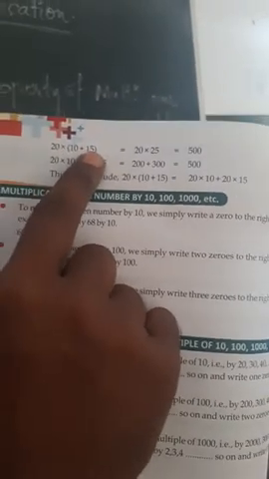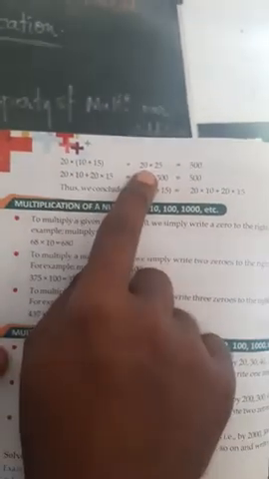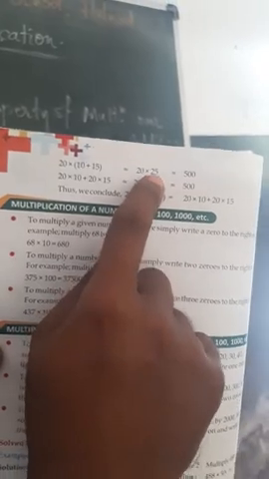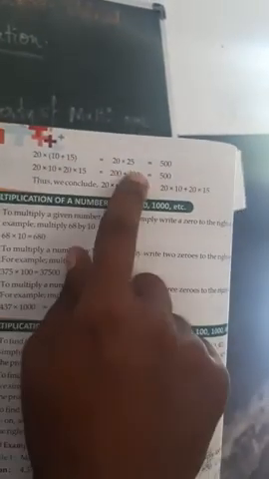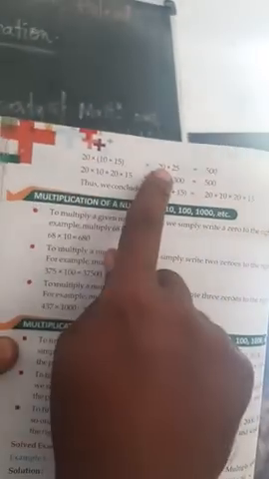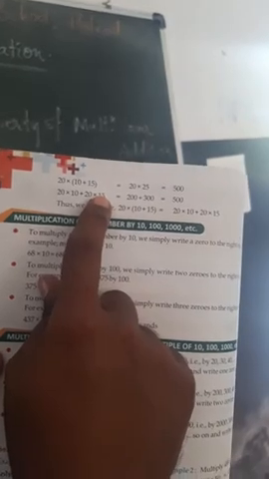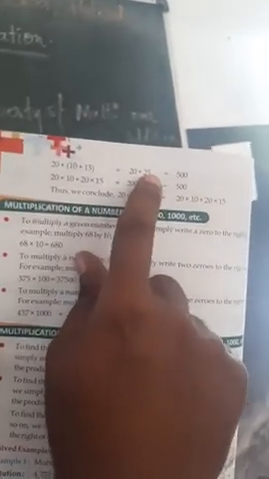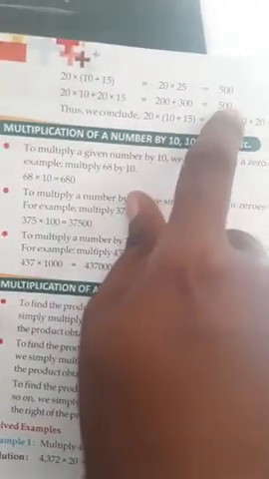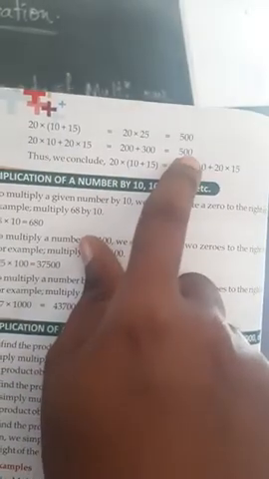Separately, for example, 20 into 10 plus 15. 10 plus 15 is equal to 25. 20 into 10 plus 20 into 15. If we directly multiply, we will get 500. In this way also, we got the same 500.